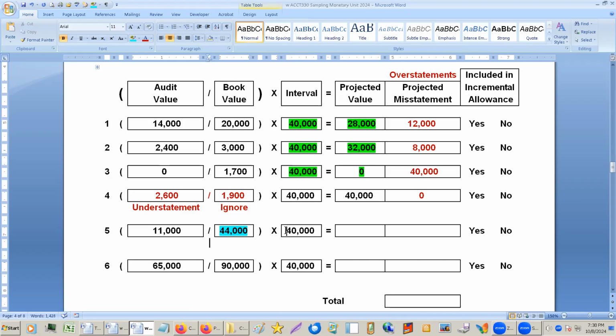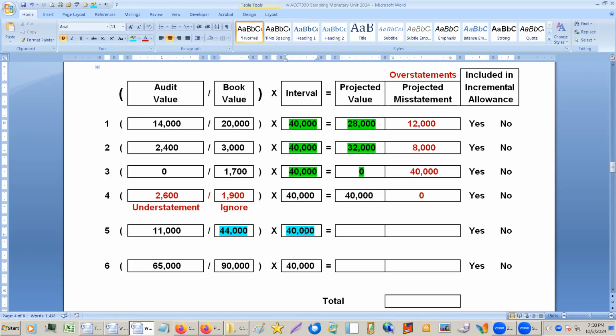Yeah, it's more than it. This is 100% sure of being picked. And this is, by the way, if you're doing this method, this is exactly why you're doing it. Here they have an account that's really worth 11,000, and they bumped it up to 44,000. When they went over 30,000, it's 100% sure this item is going to get picked. So this item will be picked 100% of the time.